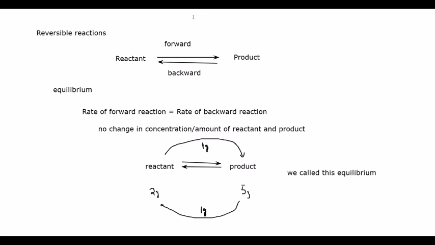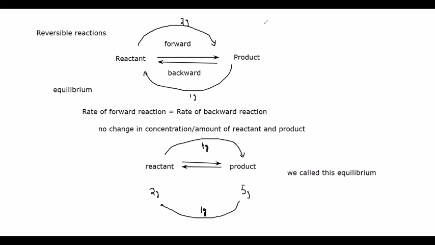But for example, if reactant is forming a product, if 2 grams of reactant is forming a product and 1 gram of product is forming back the reactant, is this reaction in equilibrium?